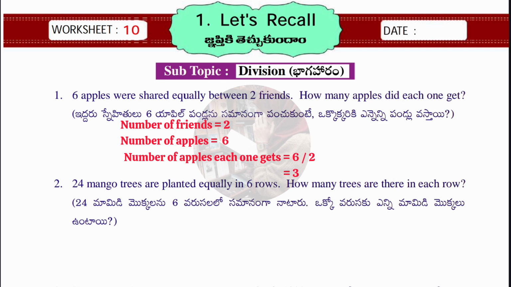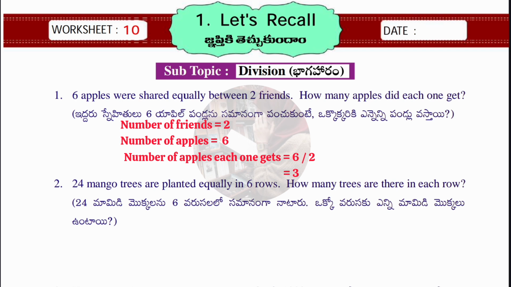Let's see the second question, which is 24 mango trees were planted equally in 6 rows. How many trees are there in each row? There are 24 mango trees, but they have planted them in 6 rows. In 6 rows, 24 mango trees, means in each row how many mango trees are there?